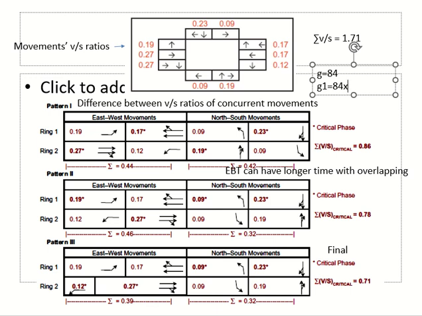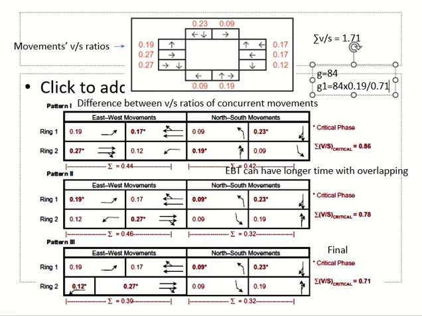The V/C ratio for this movement is 0.19, and the total is 0.71. Okay, the total green you have multiplied by the ratio of the V/C ratio of that movement to the total. 22.1.